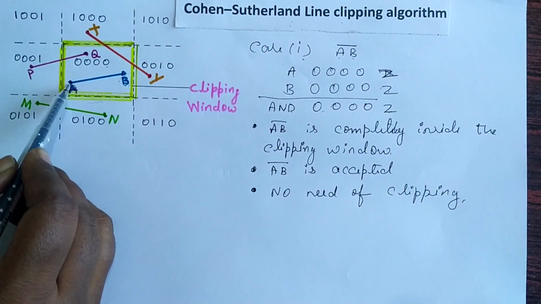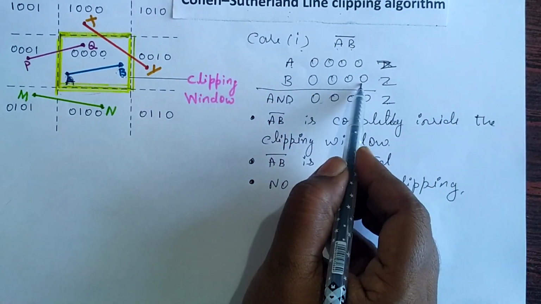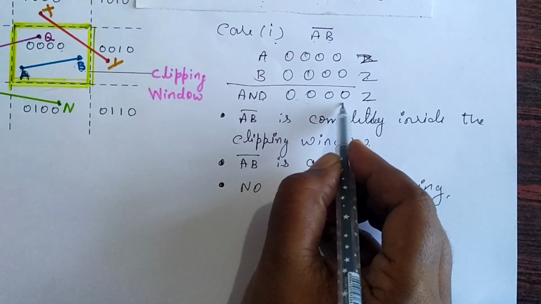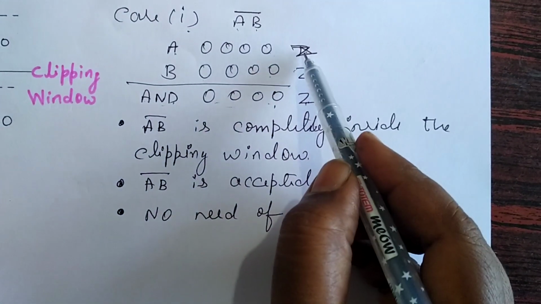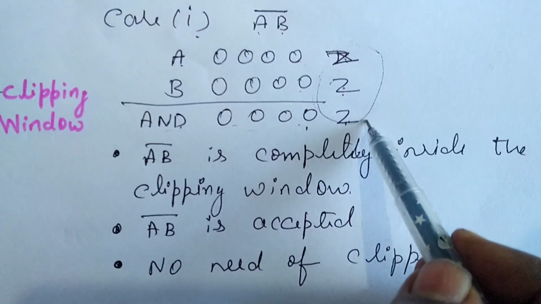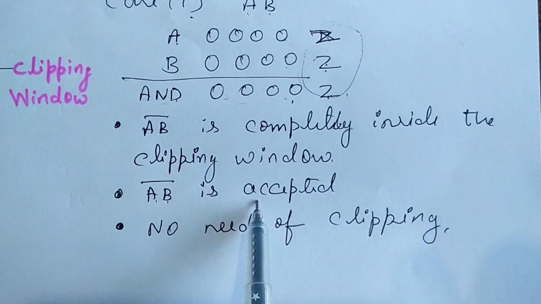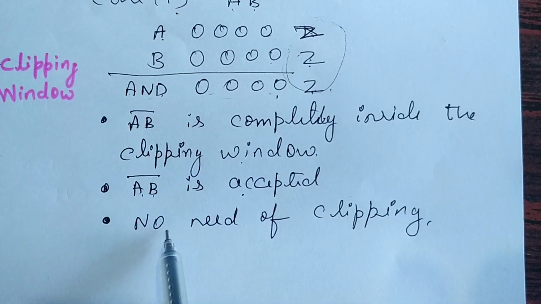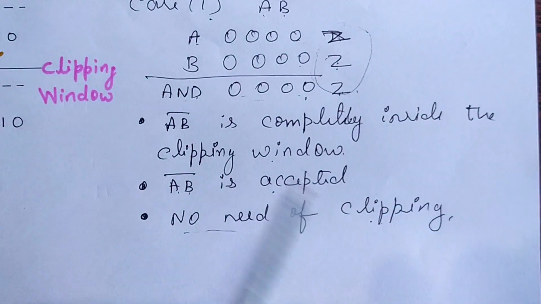The bit code of A is 0000 and the bit code of B is 0000. These two codes, we applied an AND operation. After the AND operation, the result is 0, and the A region code is also 0, and the B region code is also 0. If all these three are 0, this means that line AB is accepted because it resides completely inside the clipping window. In that case, we don't need to do a clipping procedure. So this is case 1.